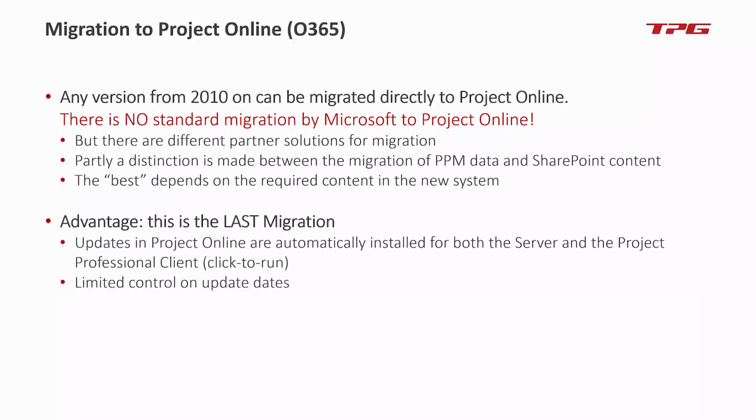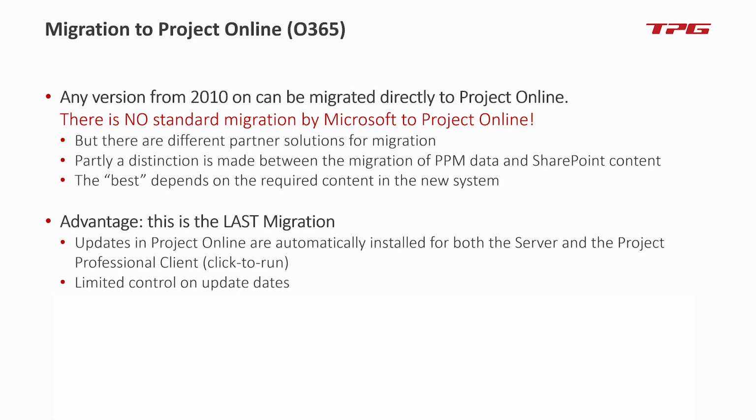You have a limited control on the update dates. Yeah, so there is a release cycle dictated, I would say, by Microsoft. You can slow it down for a given number of months, and you can say, no, for the next 2, 3, 4 months, I do not want to have these updates, but at one point in time, they will just be enforced.